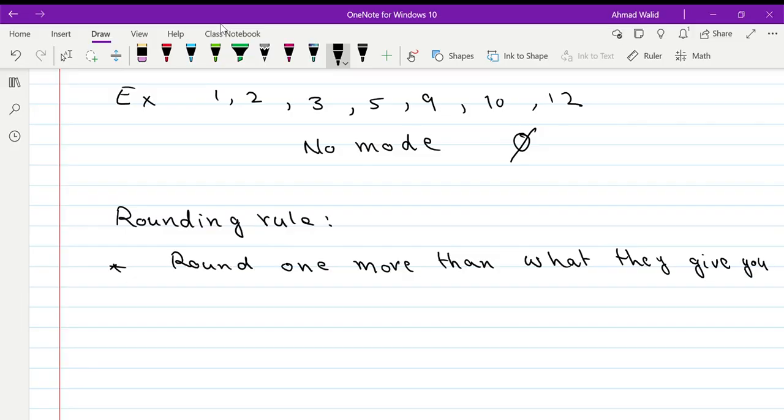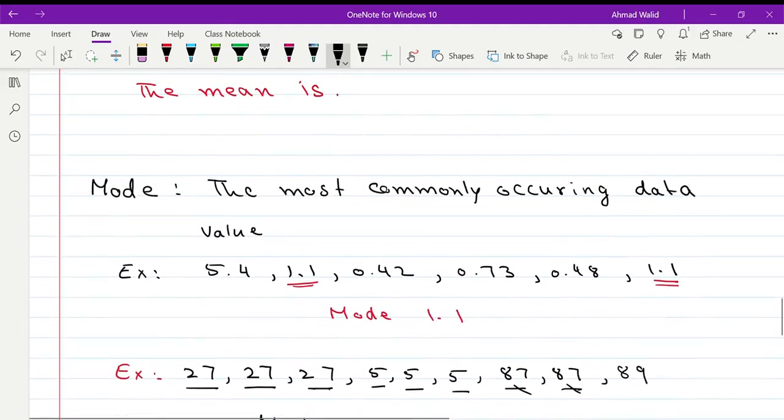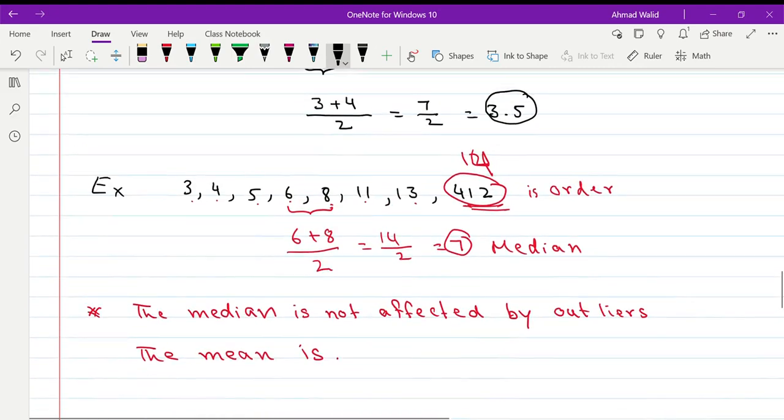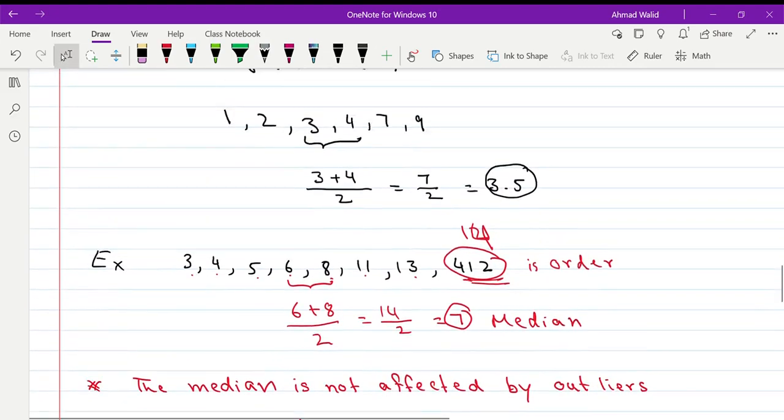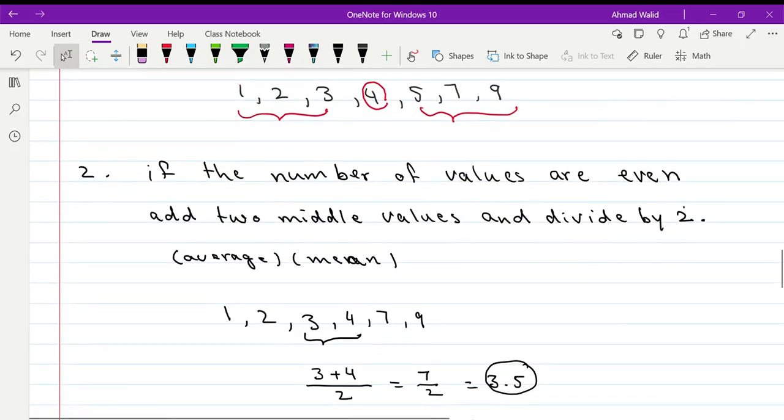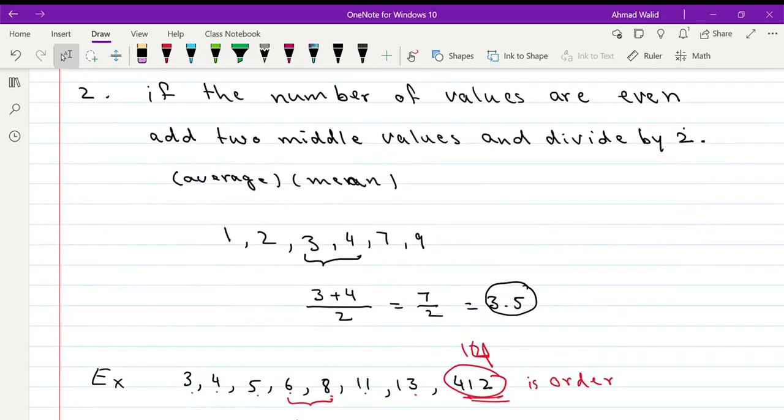What does it mean? For example, when you are finding the median of this data set, 1, 2, 3, 4, 5, what is given are all whole numbers, correct? When I end up with the answer, I have 1 decimal place, 1 more than this.